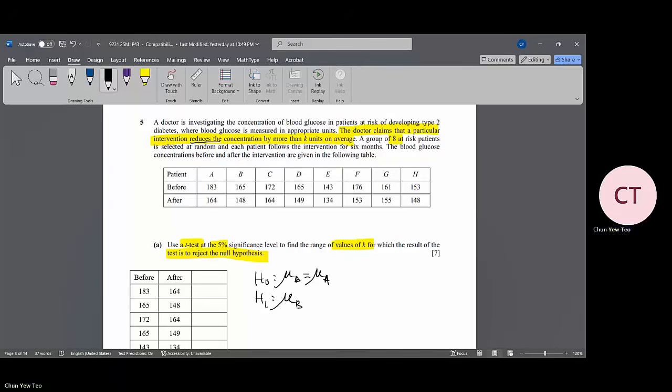Oh, sorry. They say by K unit, by K unit, not just reduce by K unit.